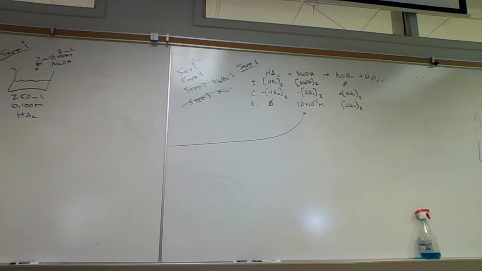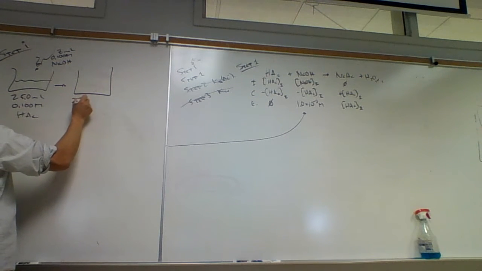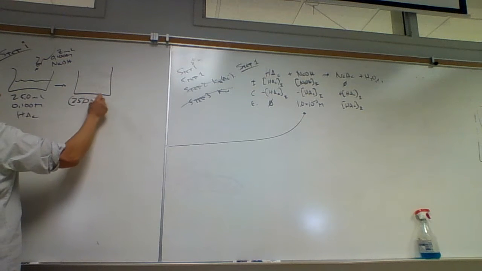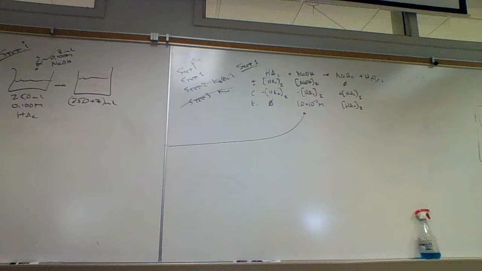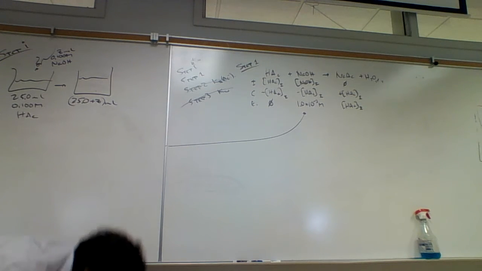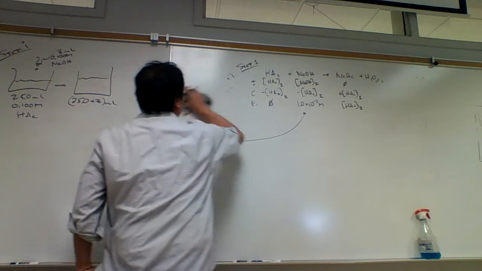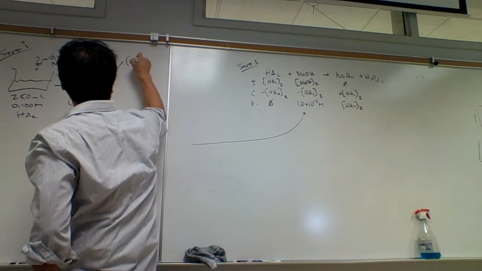And so what we'll do is we'll try to come up with some additional equations. When I add Z, I'm going to have a total volume of 25.0 plus Z milliliters. That'll be my total volume. And then I know we have to do solution dilution. I need to calculate the new concentration of acetic acid.